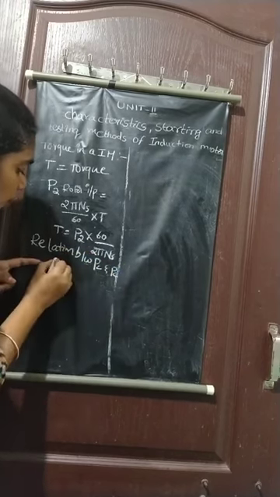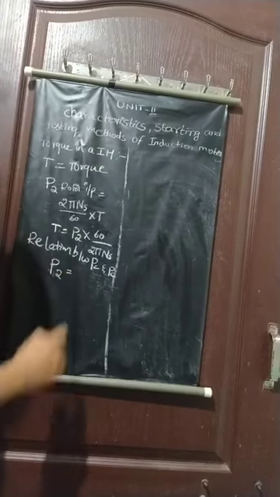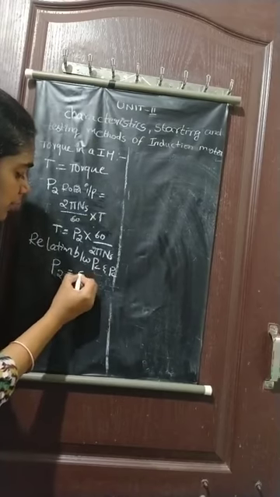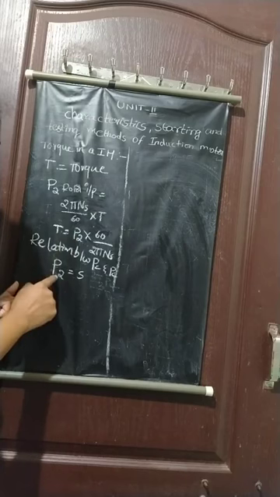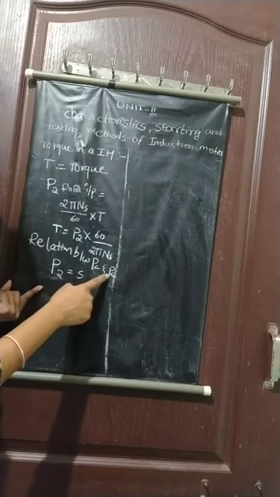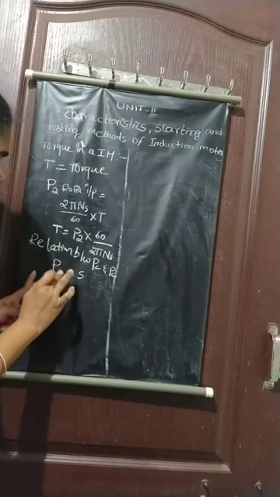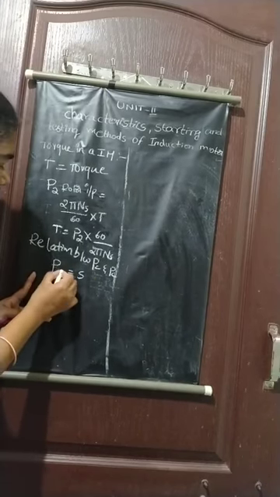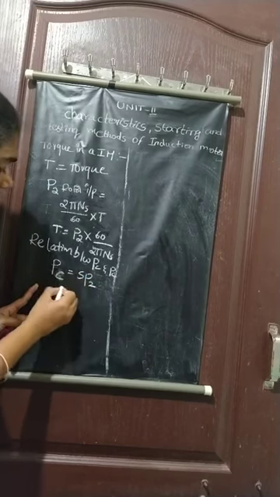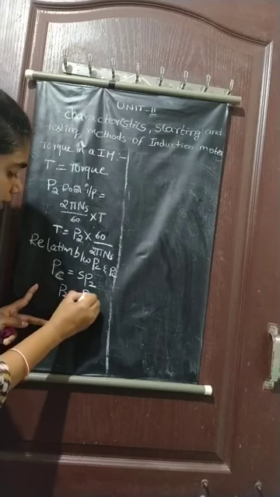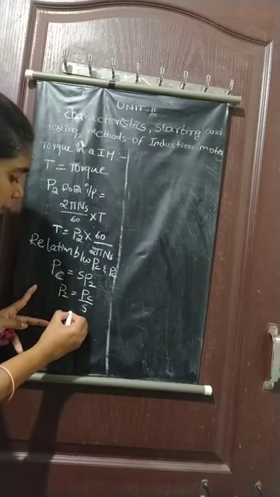Here P2 is rotor input and S is the slip, so PC is equal to S times P2. So P2 is equal to PC by S, where PC is the copper loss in an induction motor.